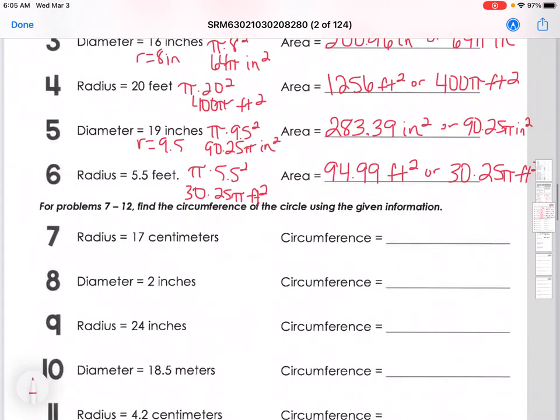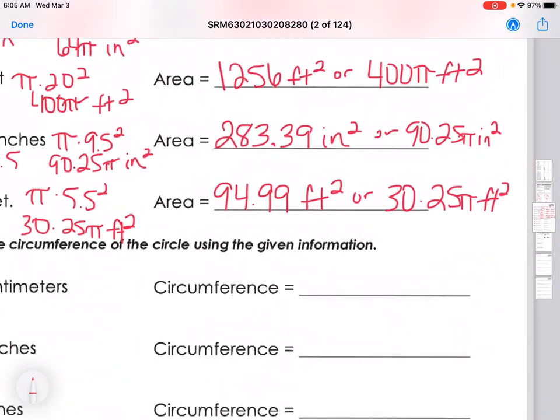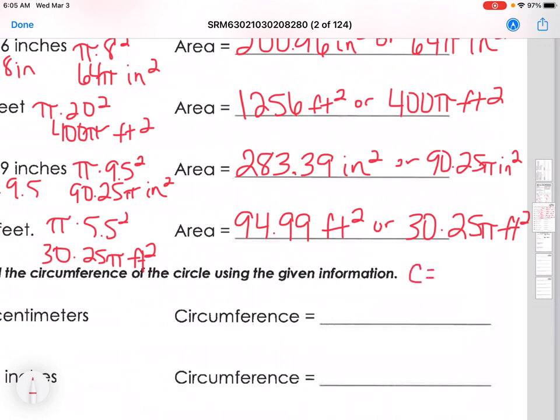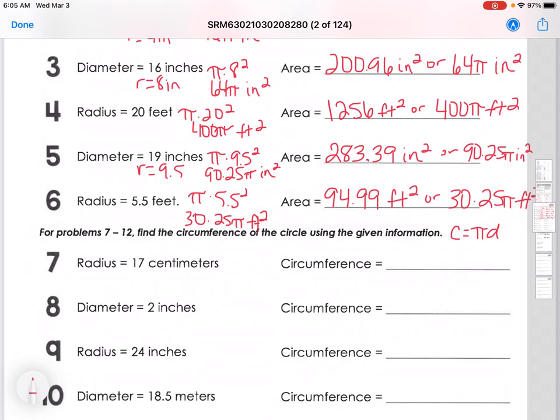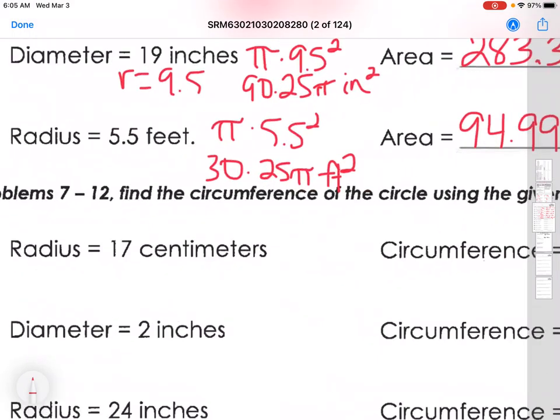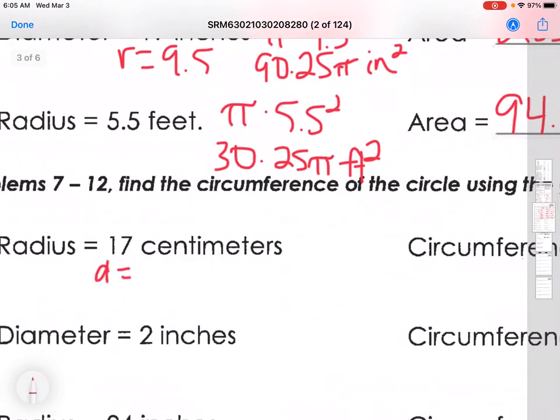Okay, and then on 7 through 12, you're working with circumference. And we know that circumference is pi times the diameter. So number 7, it gives us the radius. So I know that the diameter is 34 centimeters.